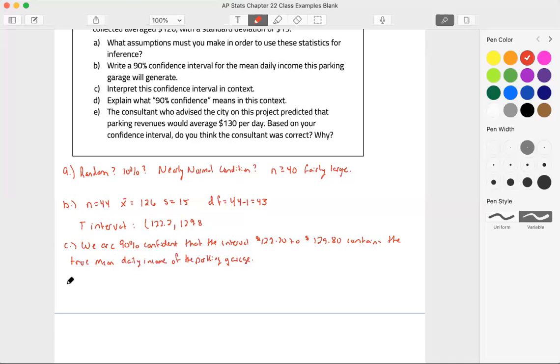Part D, what does 90% confidence mean in this case?